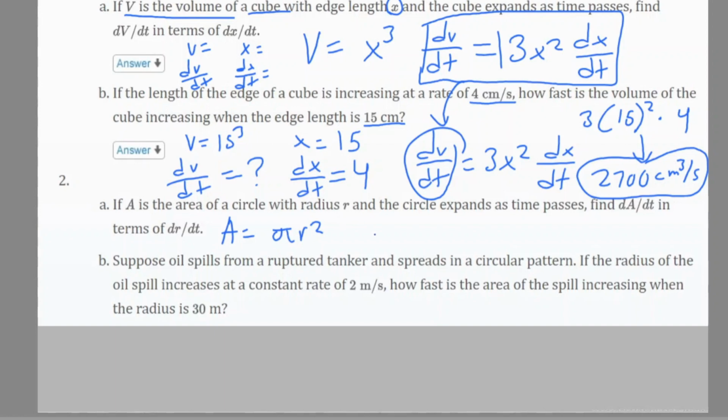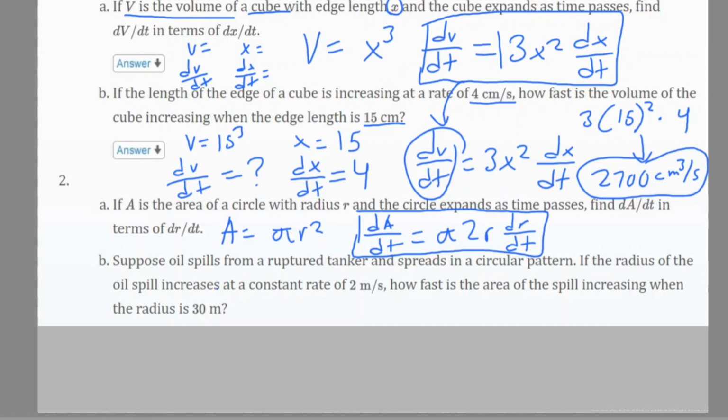The derivative of A is dA/dt, and on the right side, we're going to have pi times 2r, which is the derivative, multiplied by dr/dt. Essentially, that's your final answer for letter A, in terms of dr/dt.